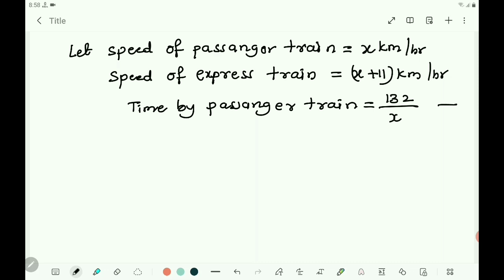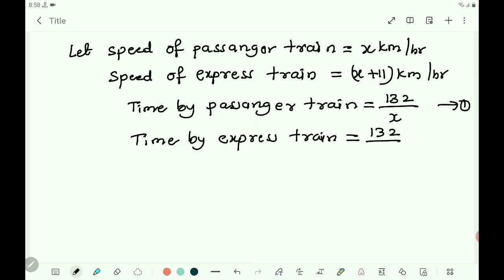That is the time by the passenger train. Then the time taken by express train is again distance by speed, 132 by x plus 11. This is the second one.